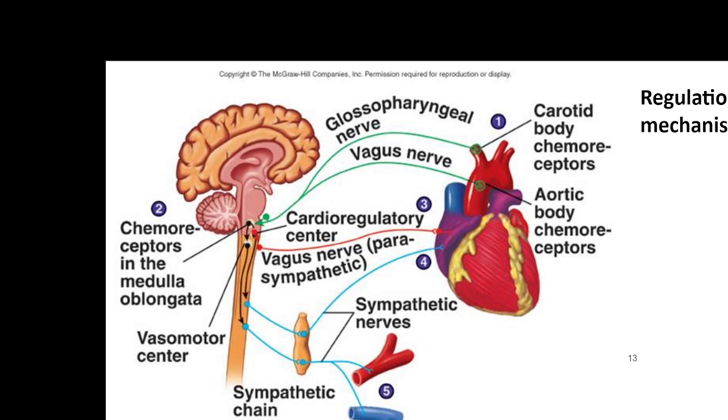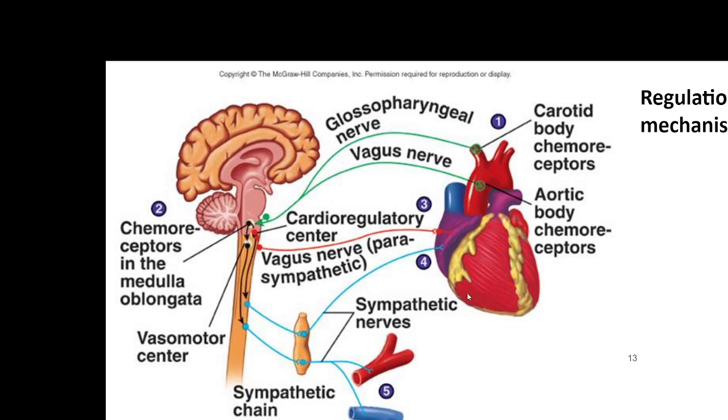The central nervous mechanism is through the chemoreceptors in the medulla oblongata. The oxygen concentration as well as other chemicals are received in the chemoreceptors, and that would be stimulating the cardiac motor center, and through that center and through the nerves, the sympathetic nerves and the parasympathetic nerves, the heart functions are regulated.